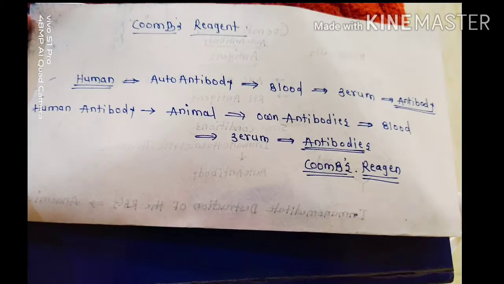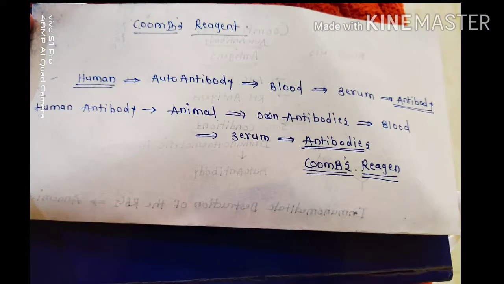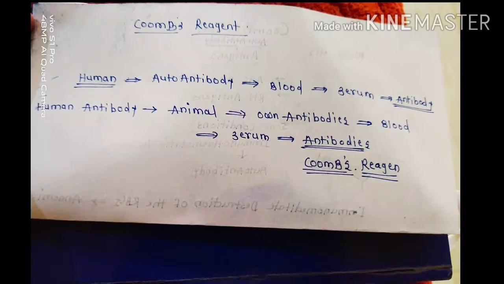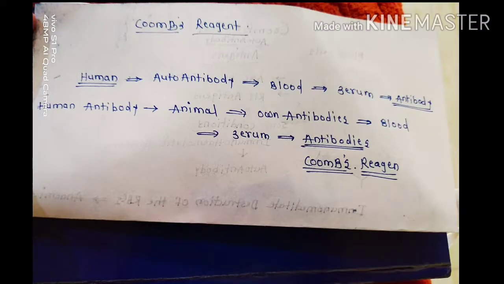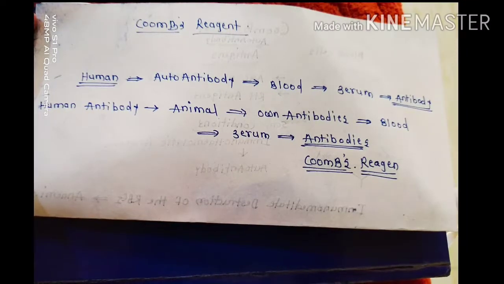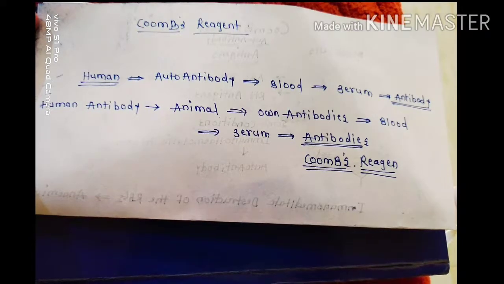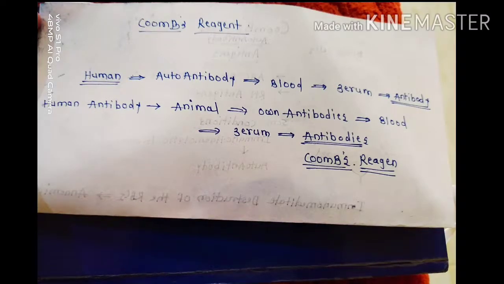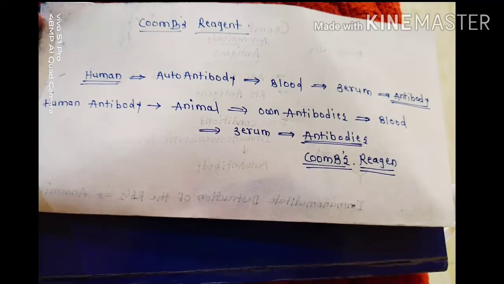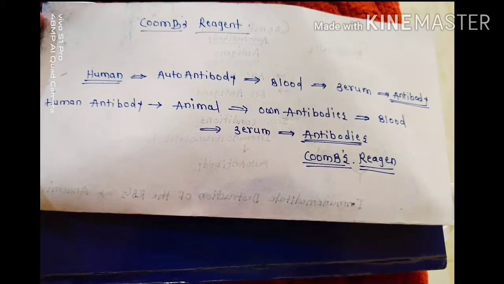We can take a human who has autoantibodies, meaning having an immunohemolytic anemia type disease. We take the autoantibodies from this human. For this we take a blood sample of this human. We separate serum from this blood sample and find the antibodies. These human antibodies we can inject into an animal, any type of animal.